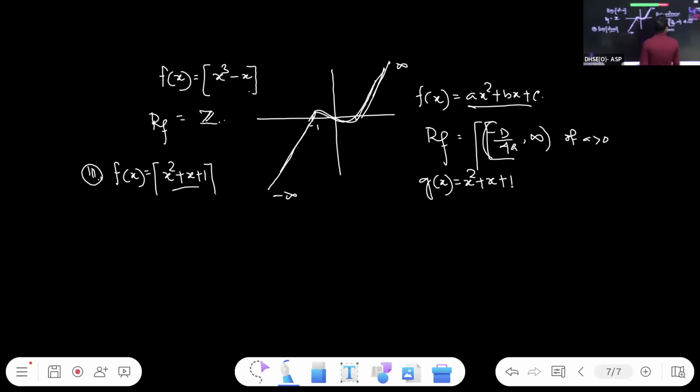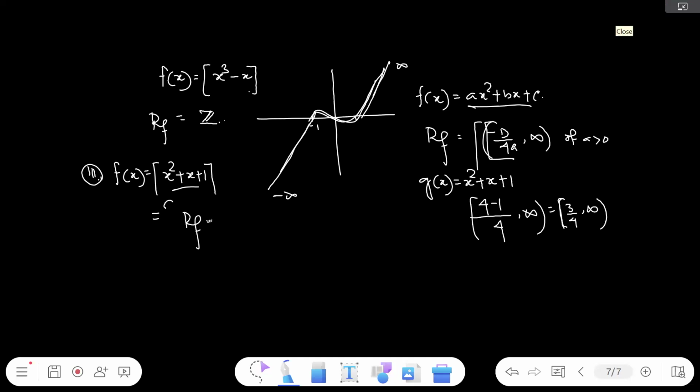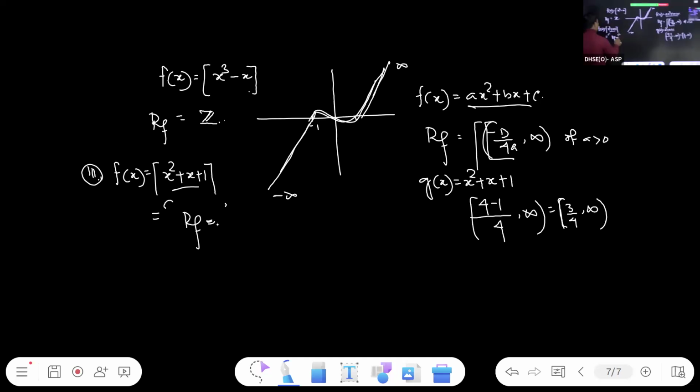D is equal to b square minus 4ac, so minus D is equal to 4ac minus b square, which is 4 minus 1 by 4, that is 3 by 4 to infinity. 3 by 4 is less than 1 and its bracket value will be 0 to all integers, that is range f is equal to whole numbers 0, 1, 2, 3 up to infinity.